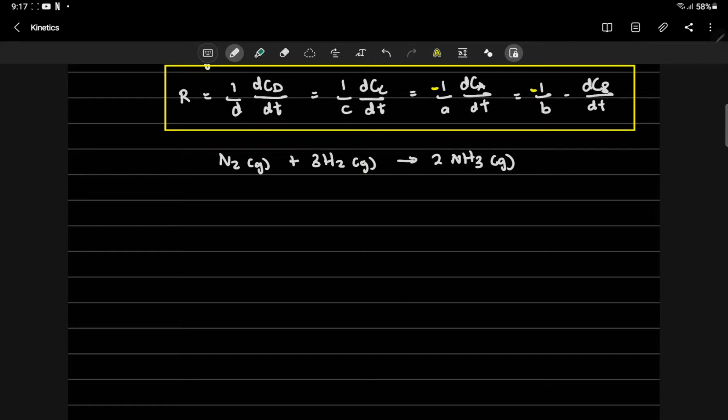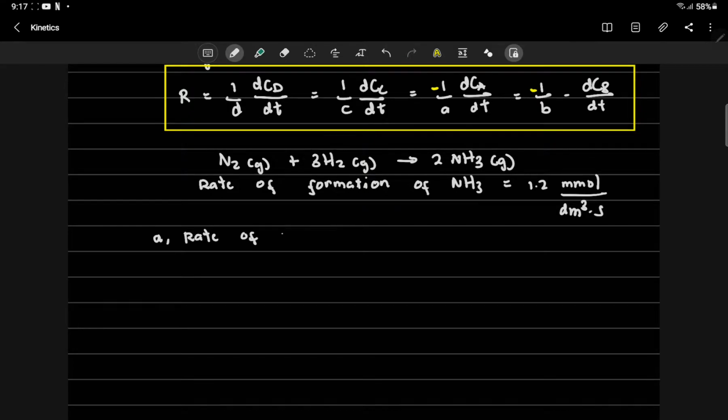So we have determined that the rate of formation of ammonia is equal to 1.2 millimoles per cubic decimeter seconds. So letter A, I want to compute the rate of the consumption of nitrogen gas. Okay, so how do we calculate this?